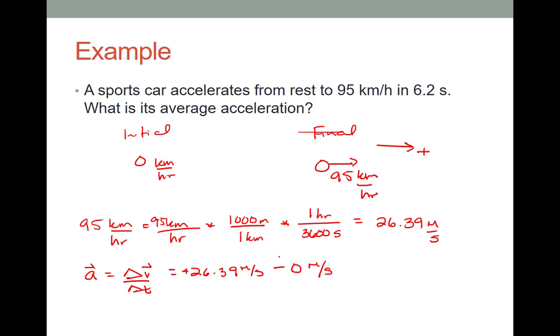If it's 0 kilometers per hour, that's 0 meters per second as well, and dividing by the time interval, which is 6.2 seconds, that results in an acceleration of positive 4.26 meters per second squared. If I asked you for the magnitude of the acceleration, you would tell me 4.26 meters per second squared, because again, a magnitude does not have a sign associated with it.